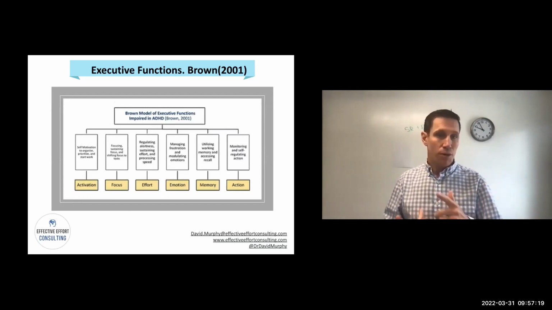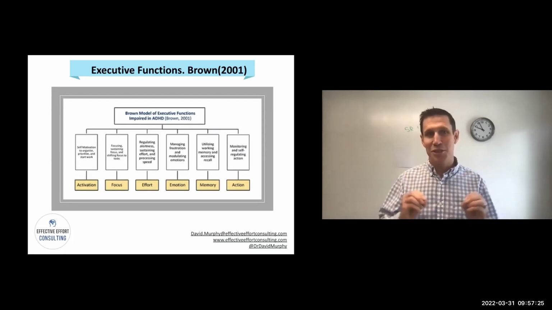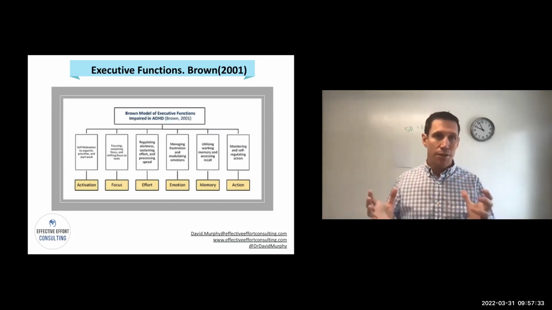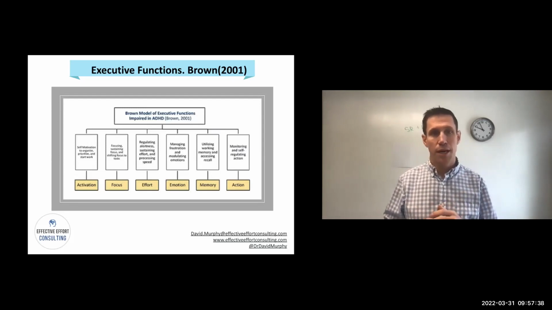So activation, focus, effort, emotion, memory, action. And he's kept the description of them really clear and you'll find unique because it's just one word. But again, just understand the theories of these 2 models. We're not going to get into that for this conversation, but I want you to know this.